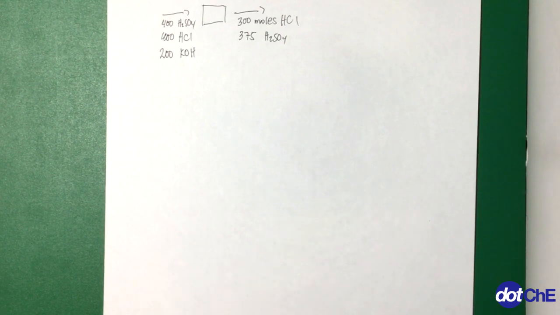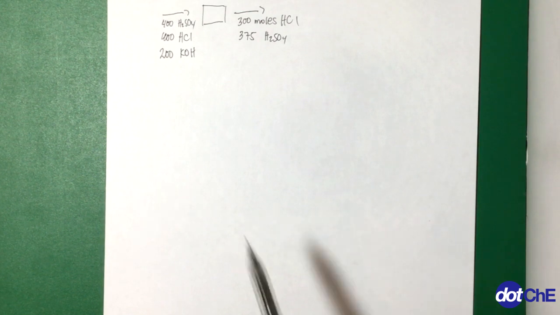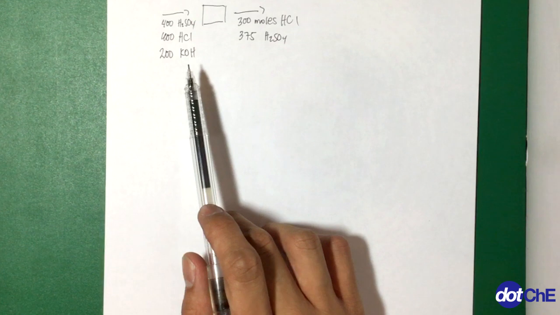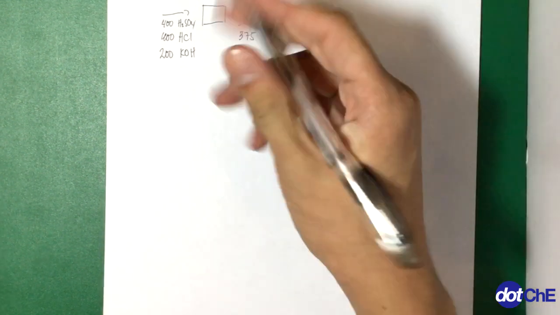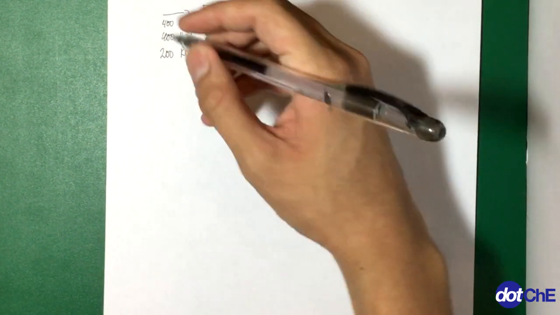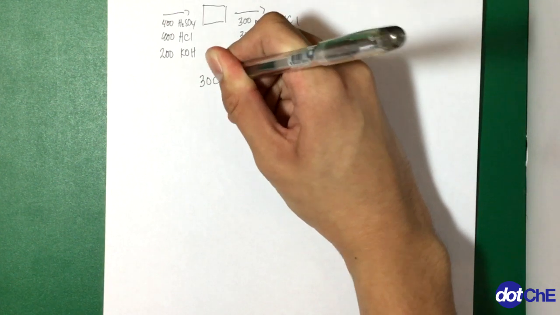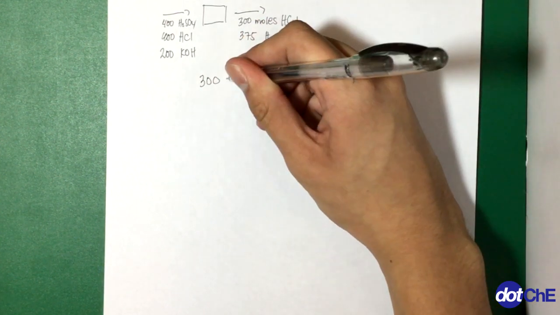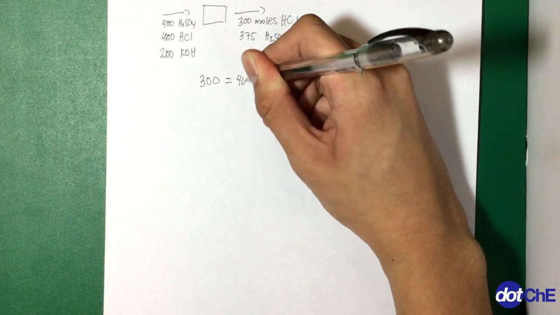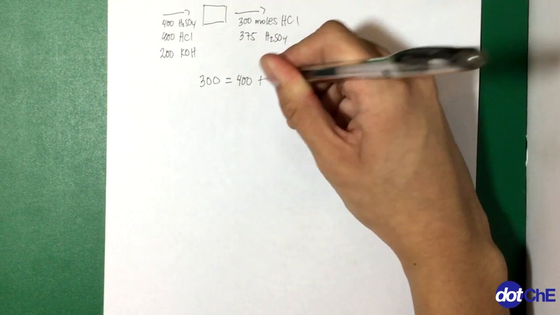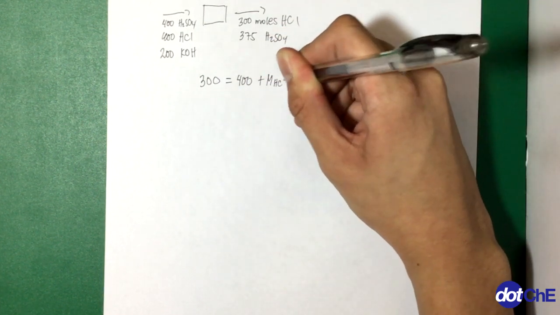So we're just going to plug in using our equations. First it's going to be easier to get the modification term for HCl. So that would just be 300 is equal to 400 plus MHCl.